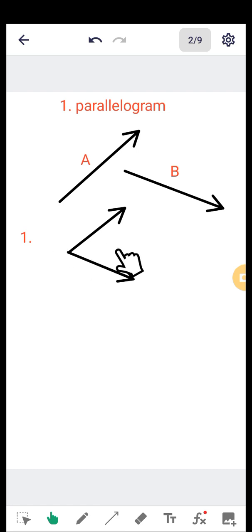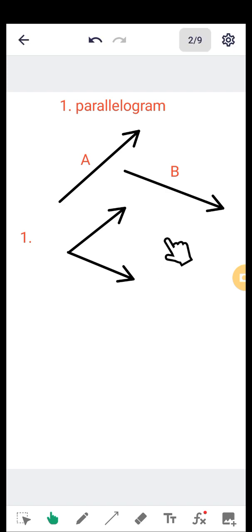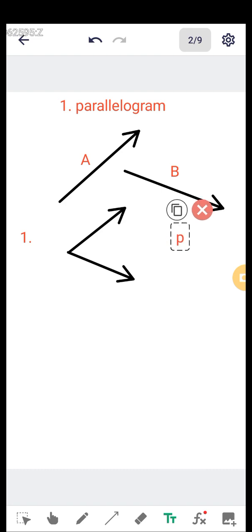Now here you need to use the parallelogram law. It says make a point here. It shouldn't even be that accurate. We have a point here.